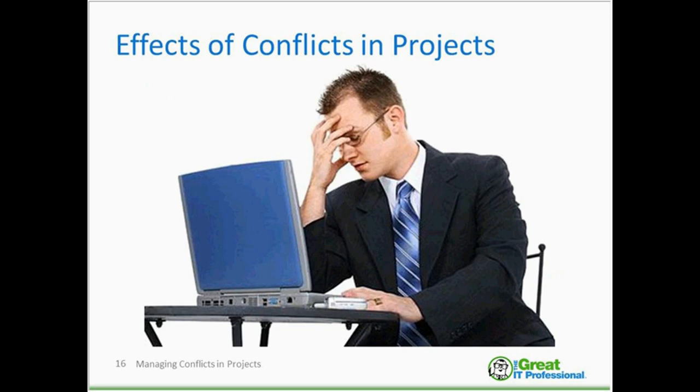Talking about projects, effects of conflict in projects. Conflict is even worse in the project environment due to the uncertainty and the uniqueness of the project result. As I said previously, conflict is a process that originates when a person perceives that another person has affected or is about to affect some of his or her objectives or interests.